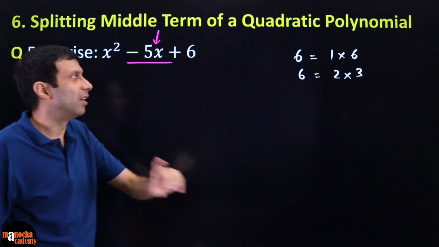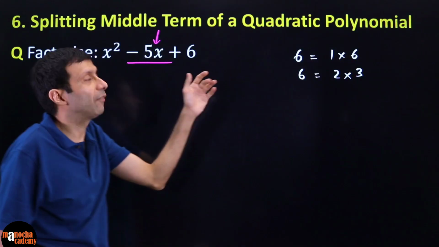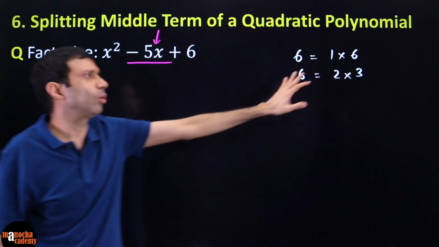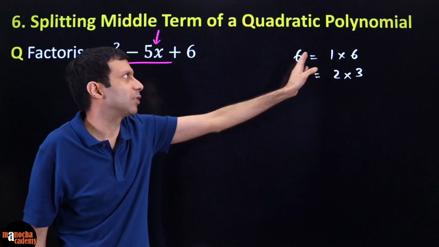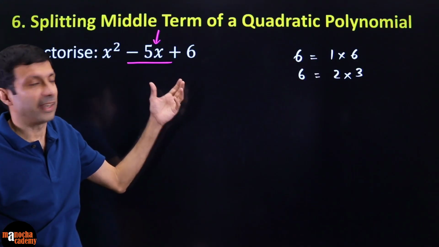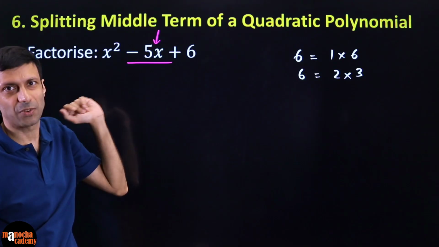Listen to this carefully. You need to select those factors which, when added up, will give you the middle term, but also with the correct sign. Initially, don't think too much about the sign. Just write it as 1 times 6, 2 times 3. When selecting, the product should be 6, and the sum should be minus 5x.